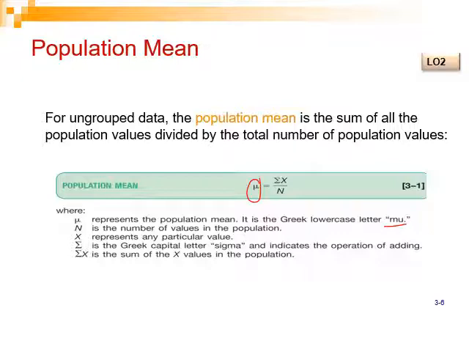Capital N is the number of values in the population, and x represents any particular value. Summation means the sum, and the sum of x is the summation of the x values in the population. So the population mean is represented by mu.